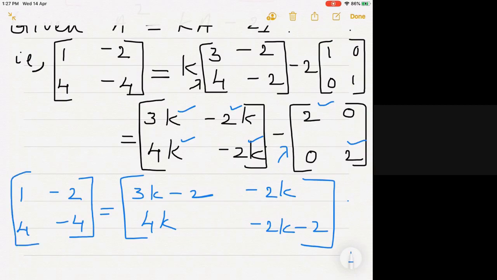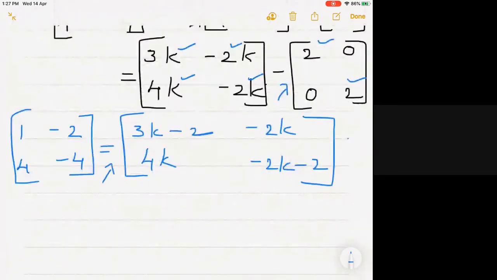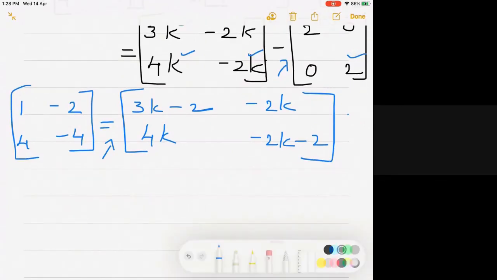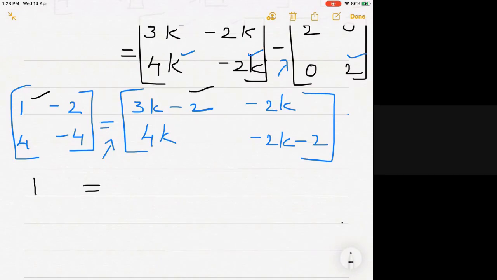Now what you need to do is apply the equality of matrices. Two matrices are equal if they are of the same order and the corresponding elements are the same. The corresponding elements we mean 1 equal to 3K minus 2. Anything you can equate, and which is most comfortable for you to find the value of K, that is easy. 1 equal to 3K minus 2, or for cross checking you can take this also.